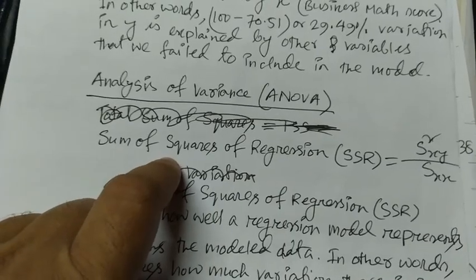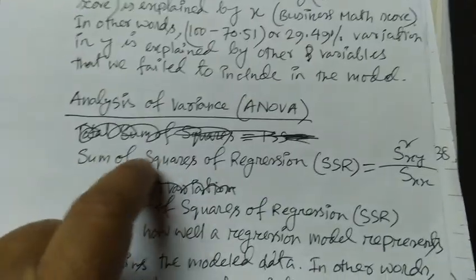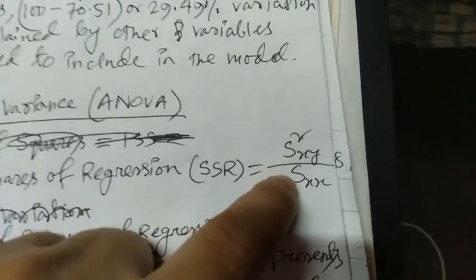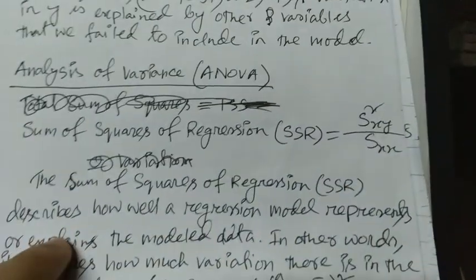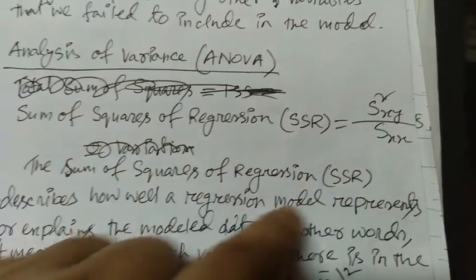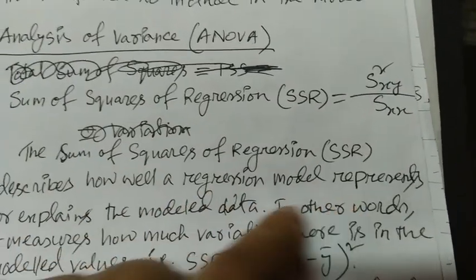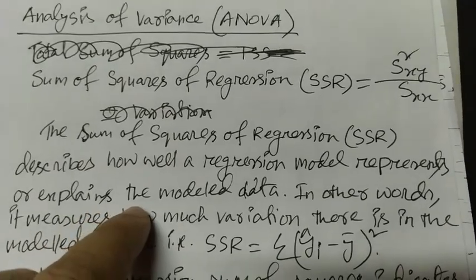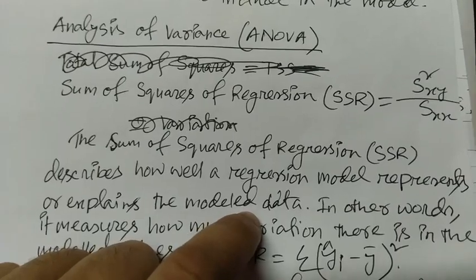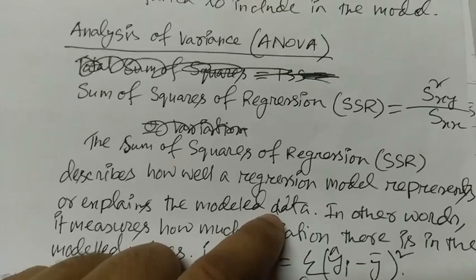The first component is the sum of squares of regression, in short SSR. The formula for SSR is SXY squared divided by SXX. The sum of squares of regression, SSR, describes how well a regression model represents or explains the model data. That means from SSR we can understand how good the regression model is at explaining the data.